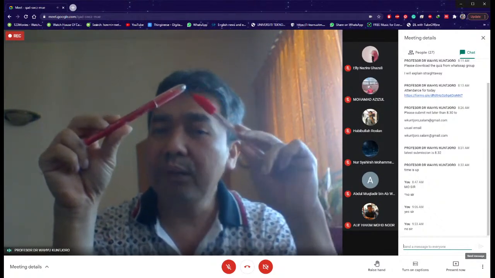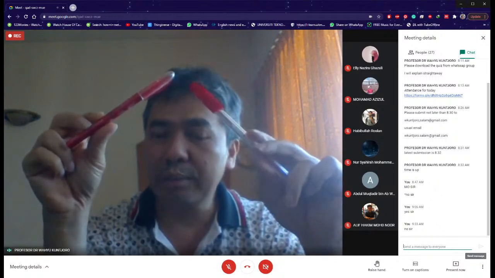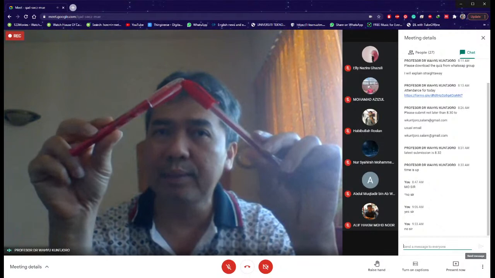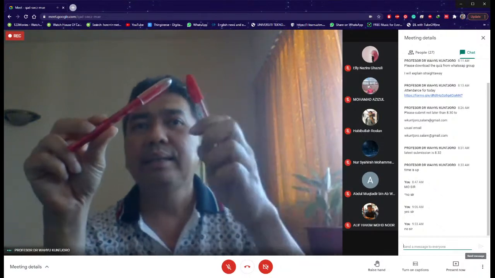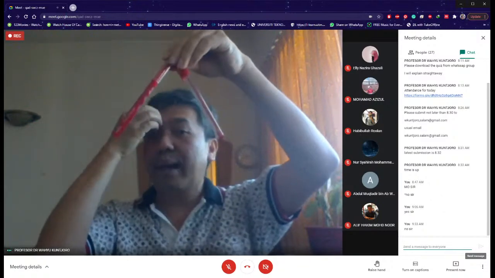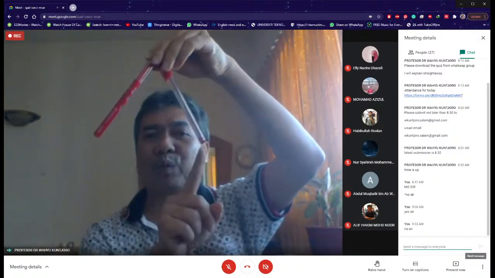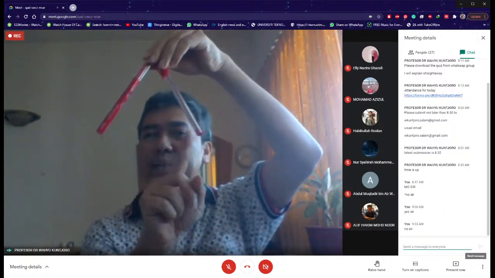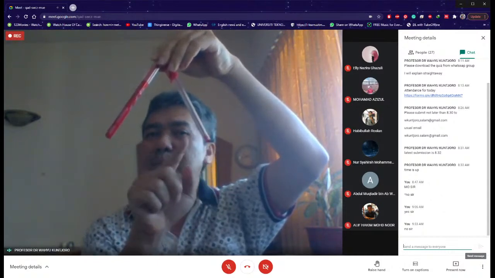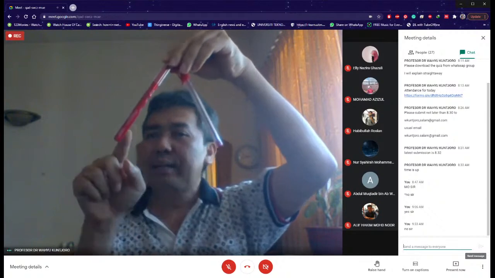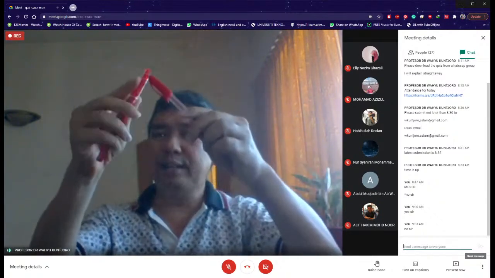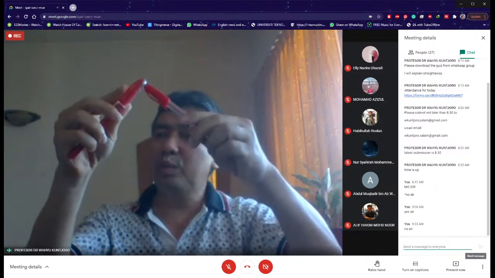So if it is truss structure, meaning that it is connected by pin joint, then you need to have the support, for example, over here and over there, also pin joint. So this is going to be pin joint support, this is pin joint support, and the junction here is also going to be pin joint.